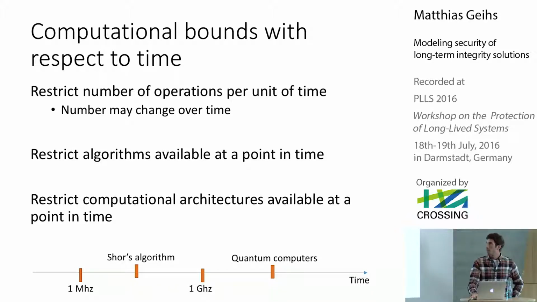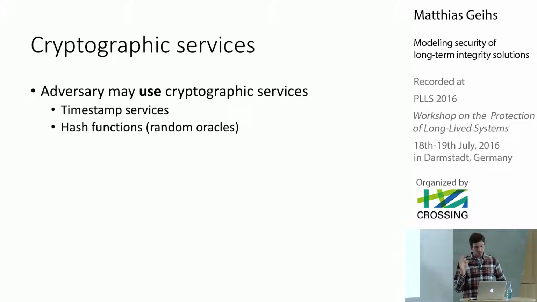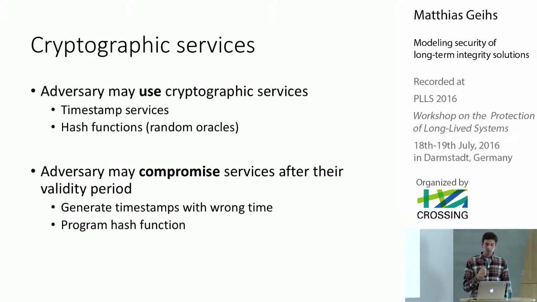The adversary may also use cryptographic services, of course, so he may query timestamp services. He may also use random oracles, which we use to model hash functions. This is a technical formality, but it's commonly done in security models to replace the usage of hash functions by random oracles. In particular, an adversary may also compromise in our model the services that he uses. So he may generate a timestamp with the wrong time if the timestamp service is not valid anymore.